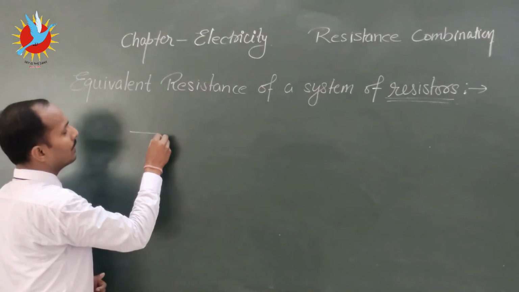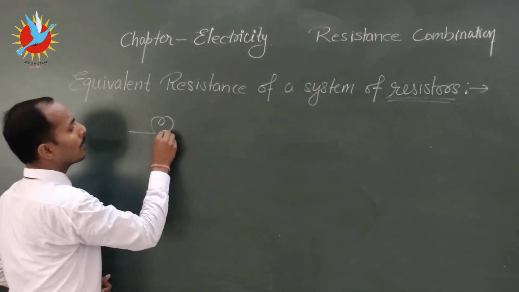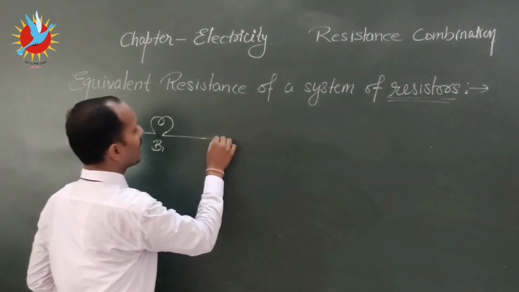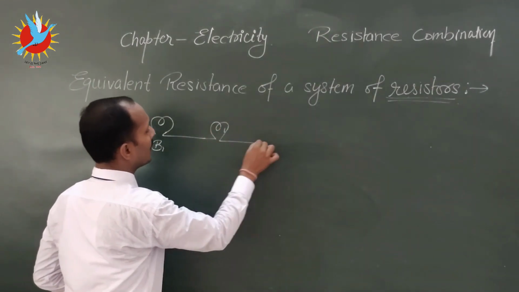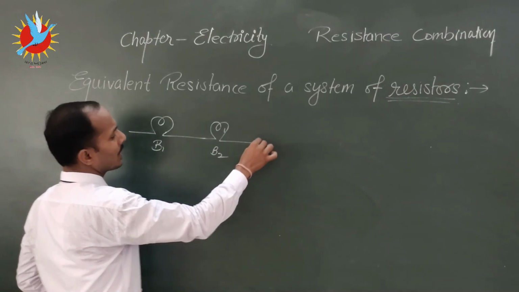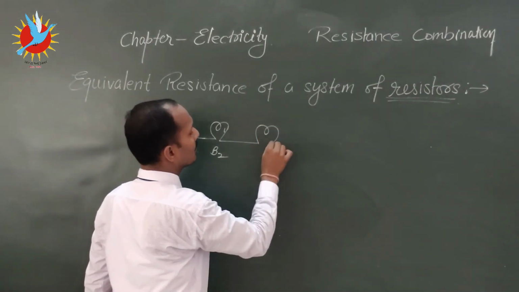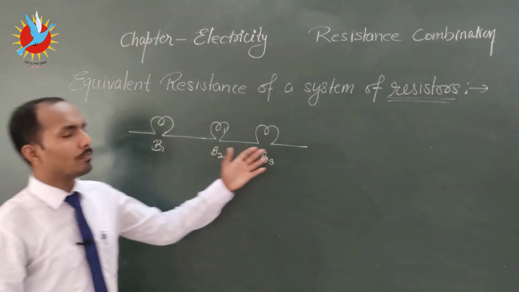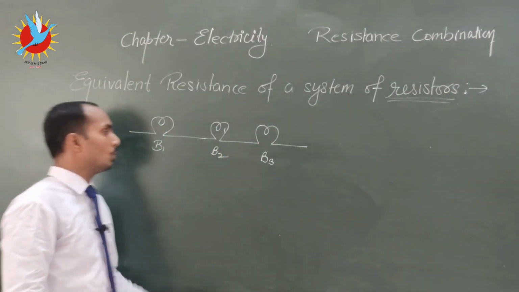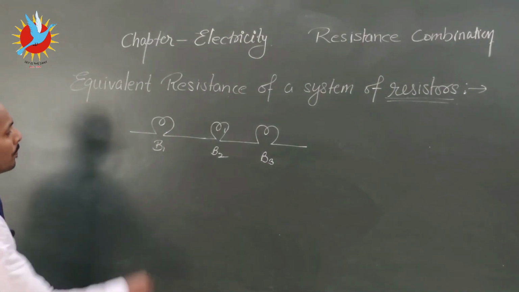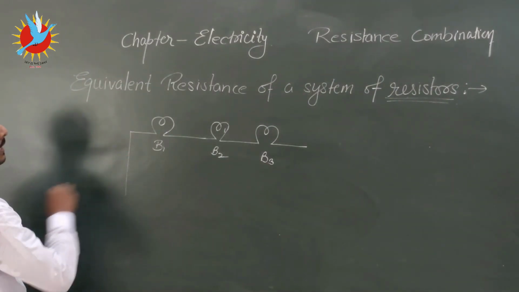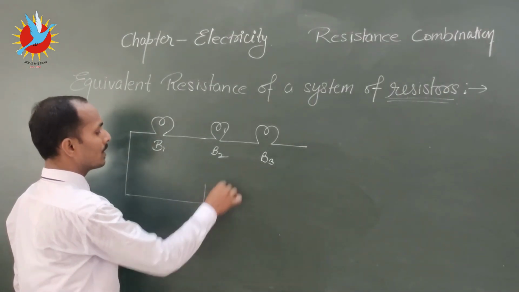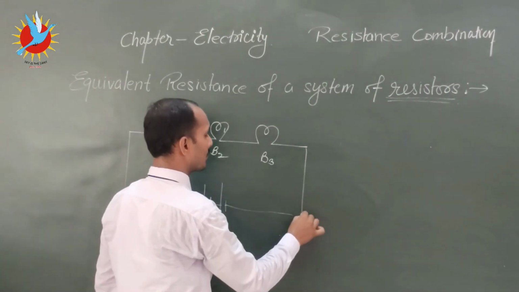You have a bulb B1, another bulb B2, and another bulb B3, connected with a cell or a battery.